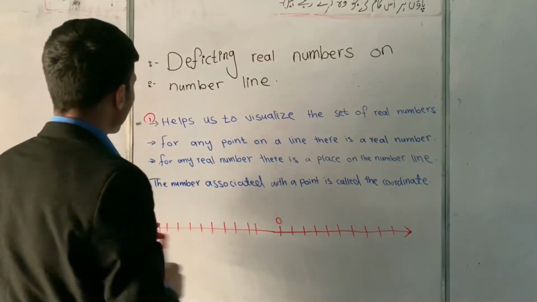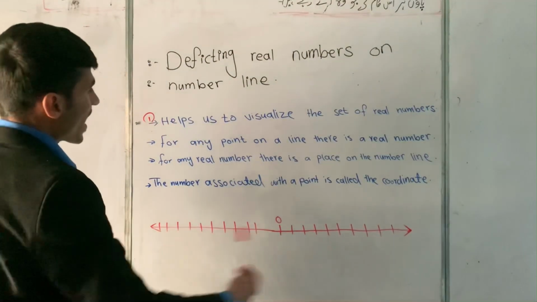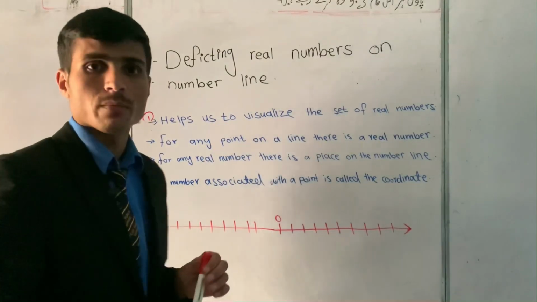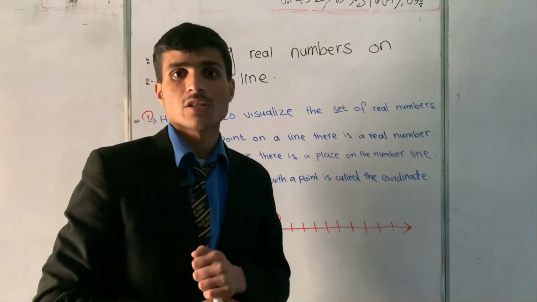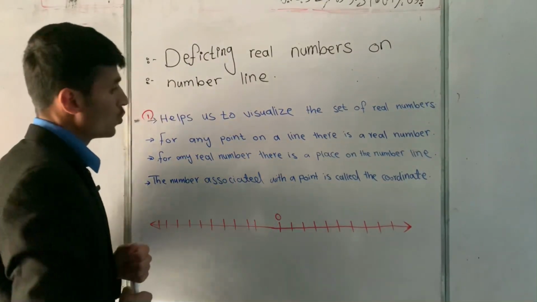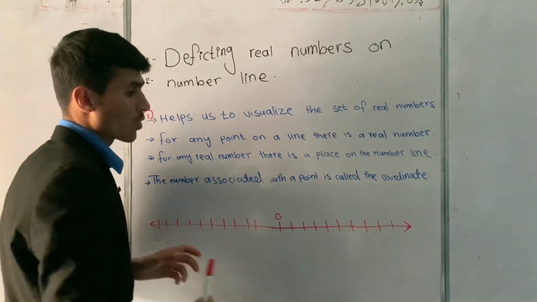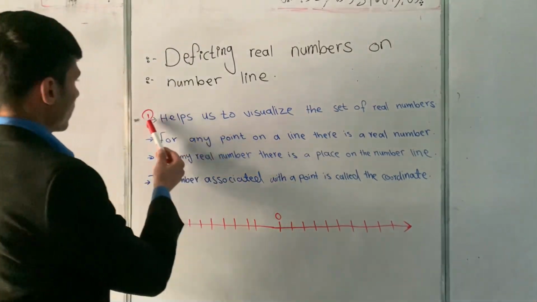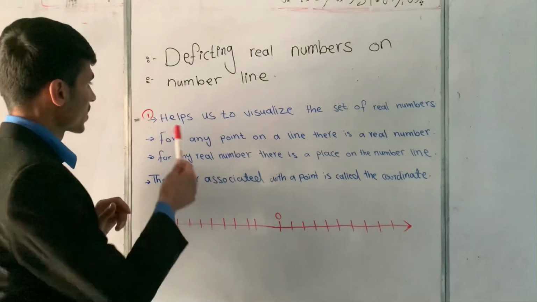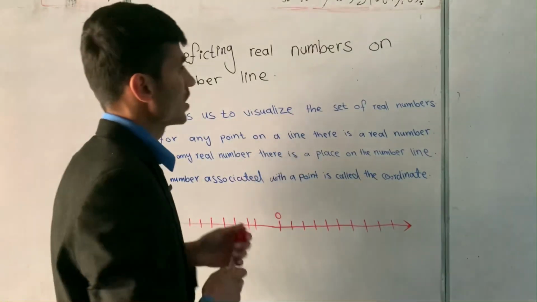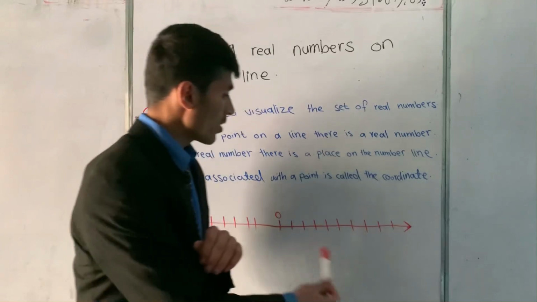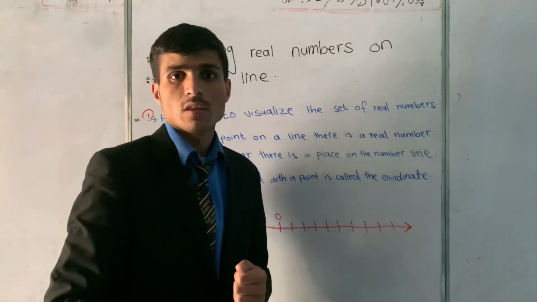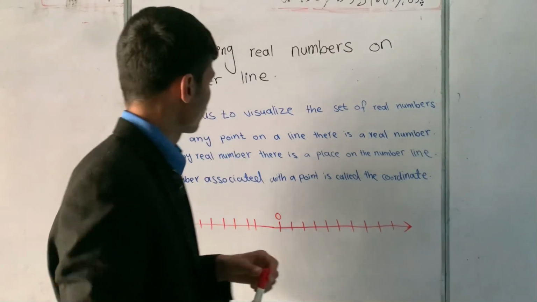This number line helps us to visualize the set of real numbers. If anyone asks you, why do we draw numbers, or what is the importance of the number line? Step number one: it helps us to visualize the set of real numbers. This number line helps us see where the position of a number is.